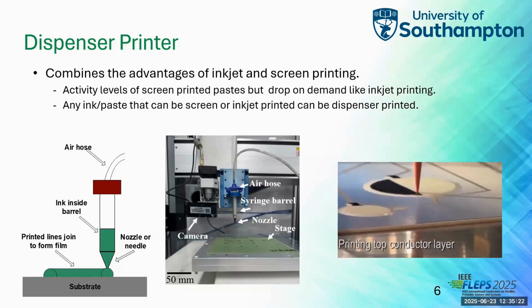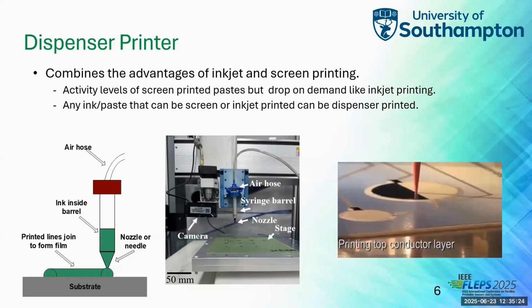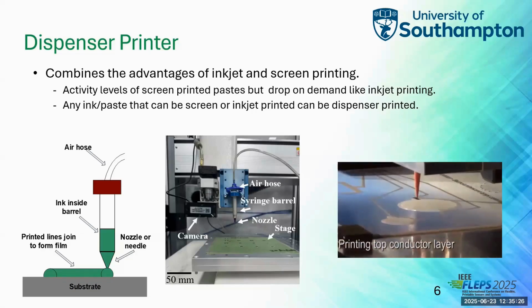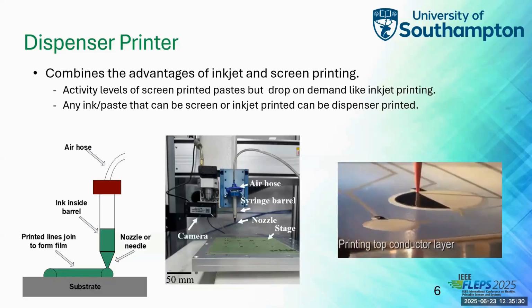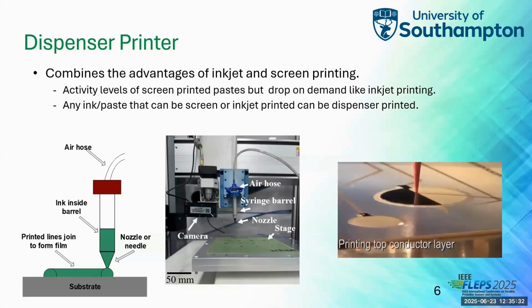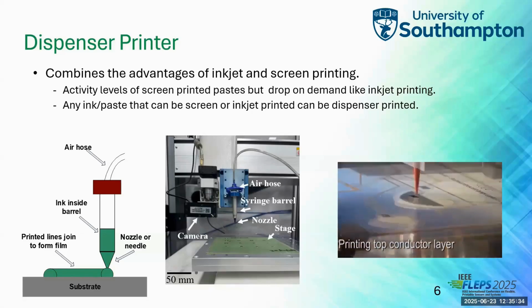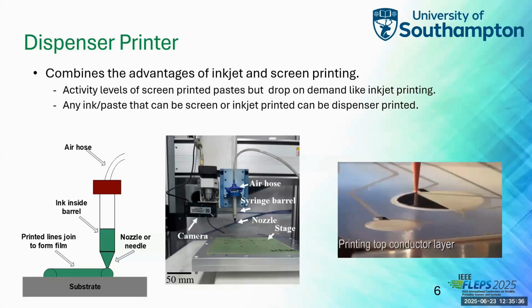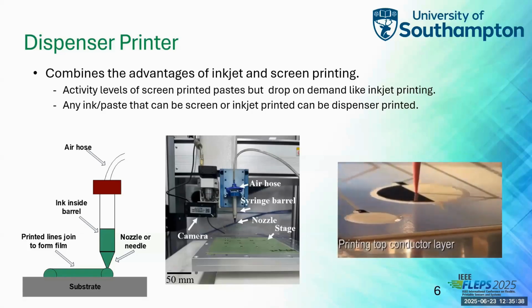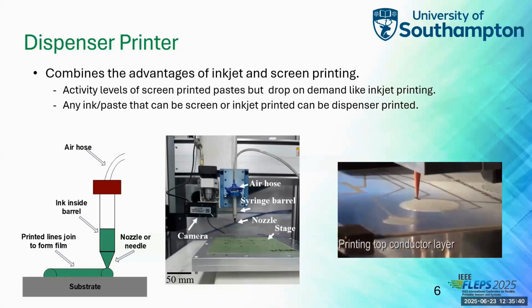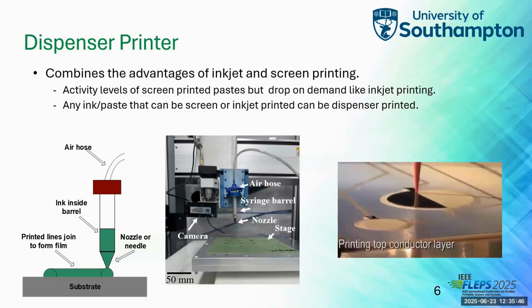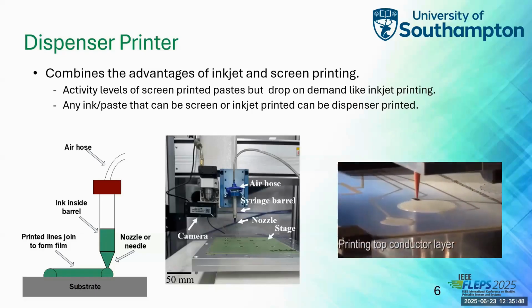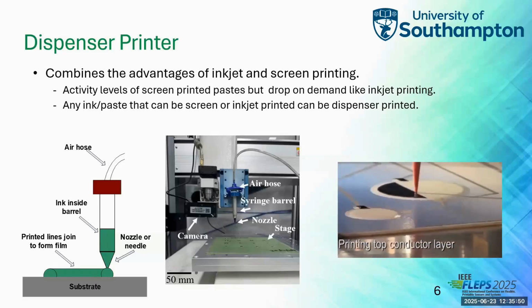Another option is inkjet. Inkjet is very quick and very easy to design, but it needs a specific ink. So the dispenser combines the advantages of inkjet and screen printing. You can see here how it works. It's like squeezing toothpaste: it moves, and how the ink goes out is controlled by the computer.